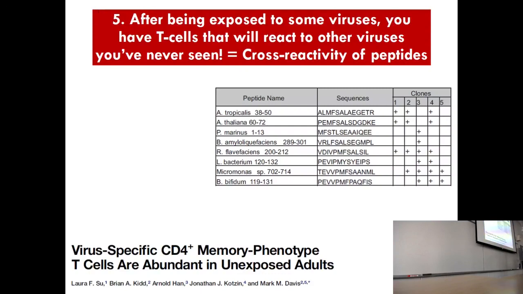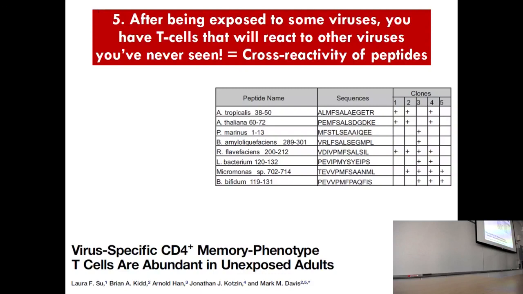Do you recognize any of these diseases? Flavofascians, B. bifidum. That sounds like something I should know what it is. It's not HIV, that's what I know for sure. All these things up and down, these are even bacteria in some cases. I believe, yeah, L-bacterium, I'm pretty sure that's bacteria.